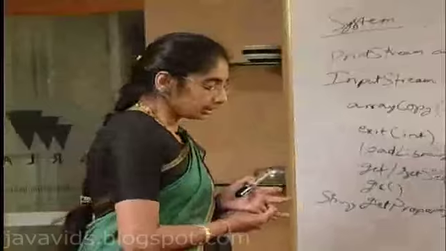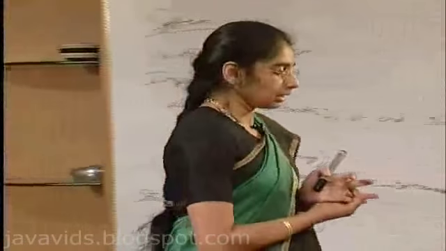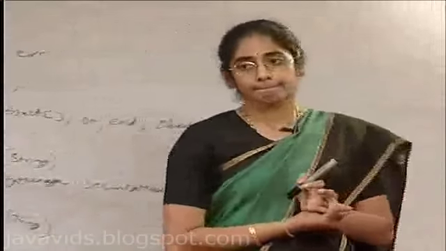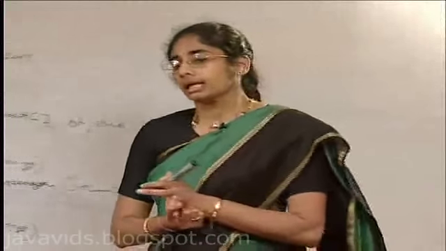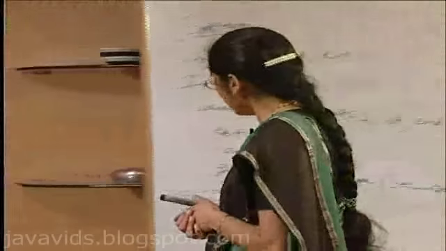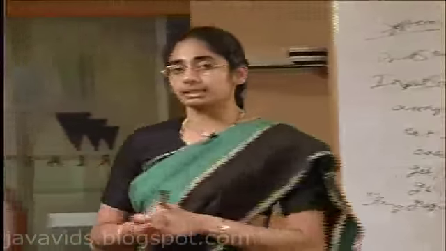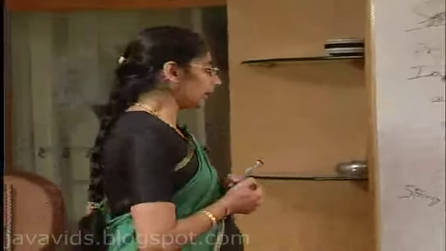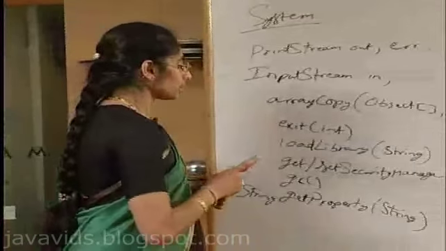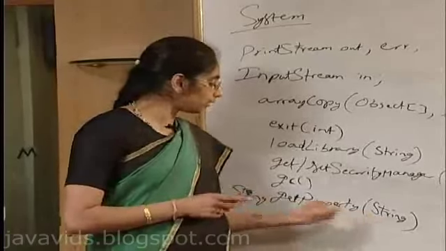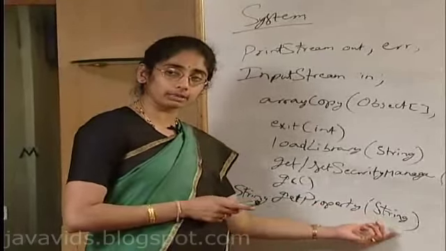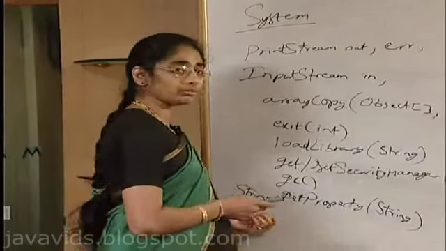What is the class path specified, etc. are specified as properties in your application. So if you know the name of the property, you can specify that for your getProperty method. It will return you the value of the property.